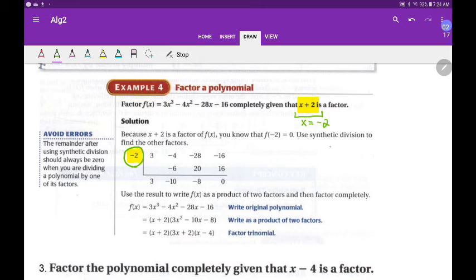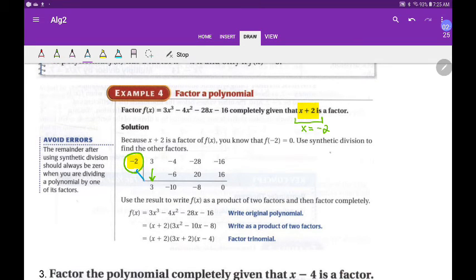And if we take that root, if we take that 0, negative 2, and we synthetically divide, we bring down the 3, and we say negative 2 times 3 is negative 6. And we add, and we get negative 10. Okay, negative 2 times negative 10, that's positive 20. And we add, and we get negative 8.